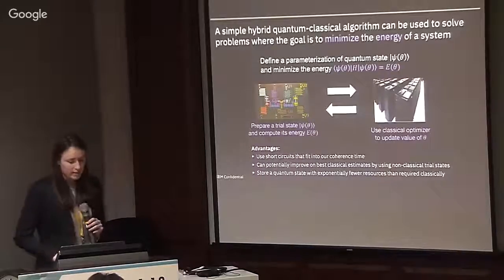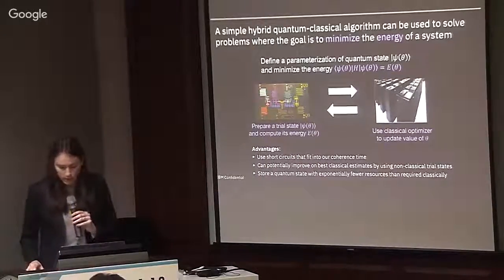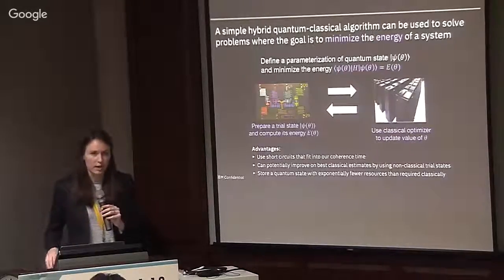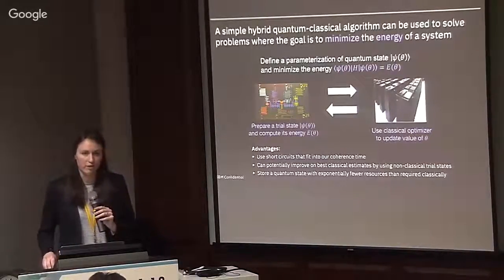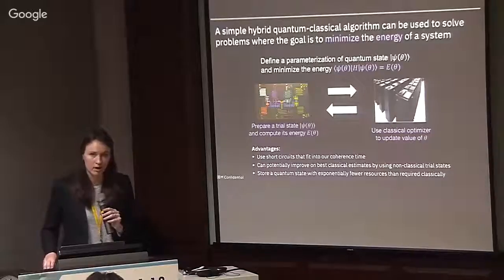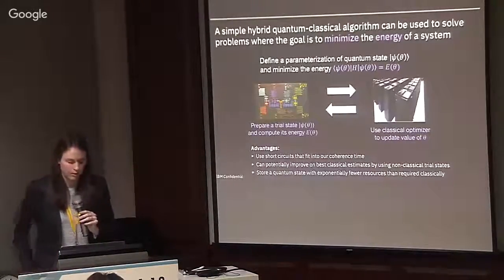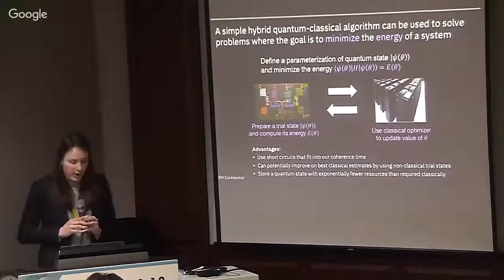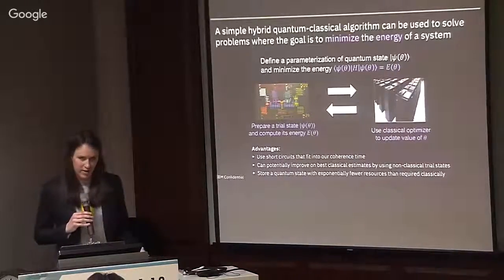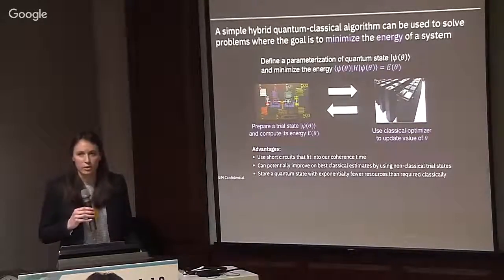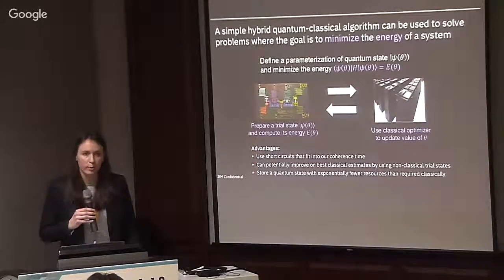Also, this is interesting for chemistry because we can encode these very complex wave functions onto qubits in a more efficient way than what we could do classically. So if you have a system of n electrons, the state space is 2 to the n, so it grows exponentially in the number of particles that you have.